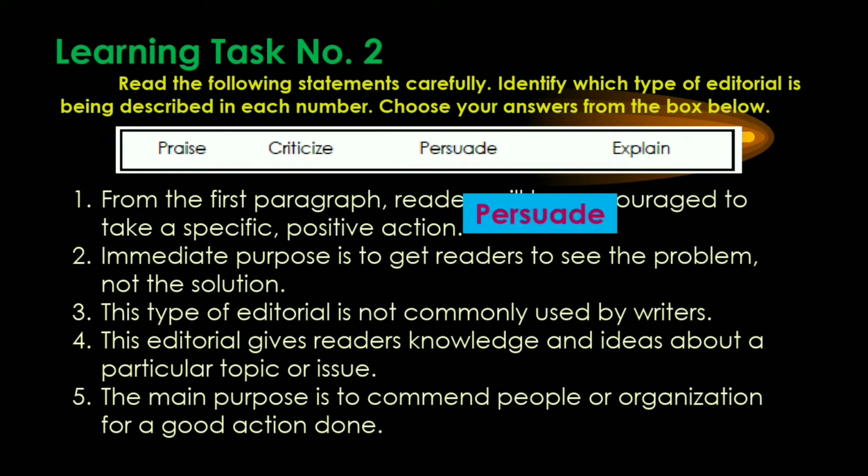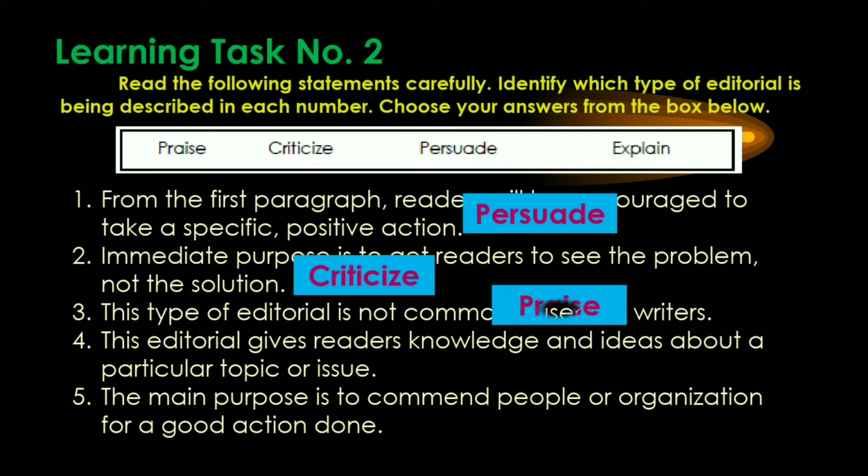Number 2. Immediate purpose is to get readers to see the problem, not the solution. So, the answer is criticize. Number 3. This type of editorial is not commonly used by writers. So, what is this? It's the praise. Okay? 4.